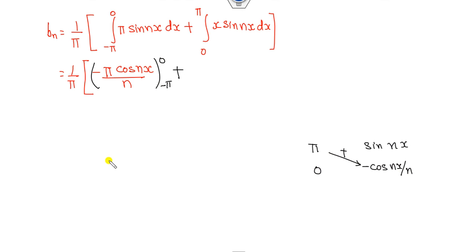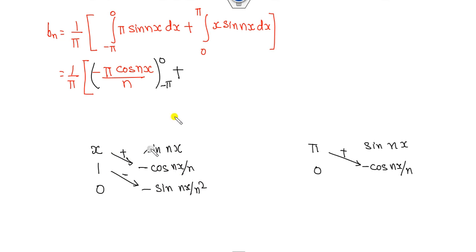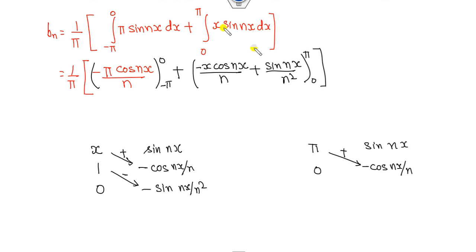Plus, how you can integrate them: x is sine of nx, and the integral is minus cos nx over n, minus sine. So it is positive, it is negative. So it will be minus x cos nx over n plus sine nx over n square from 0 to pi.